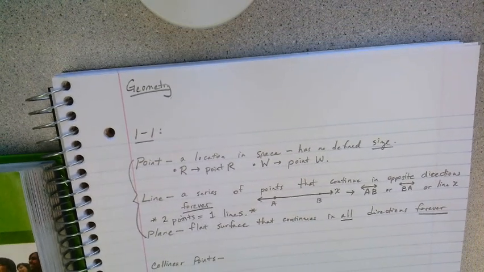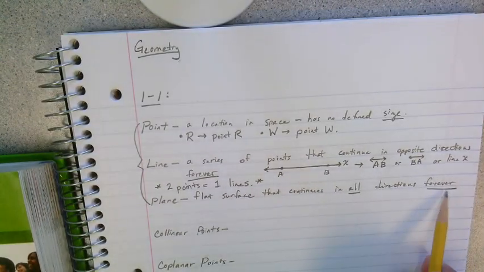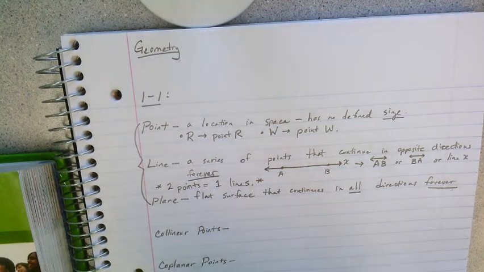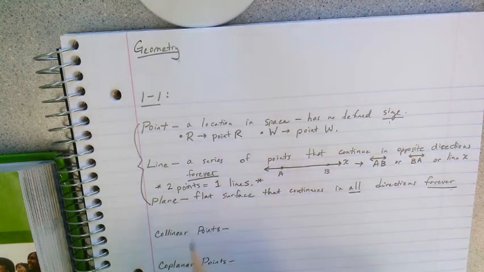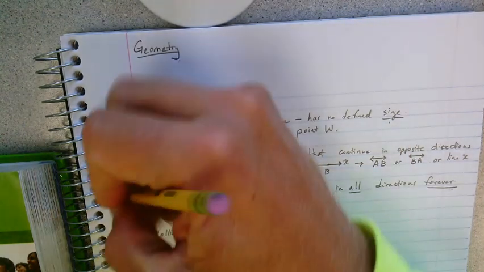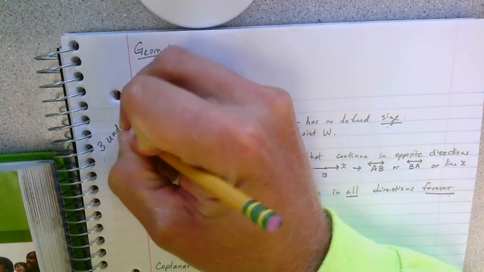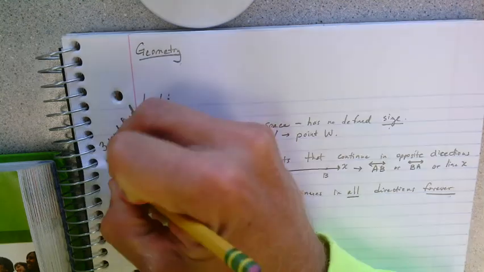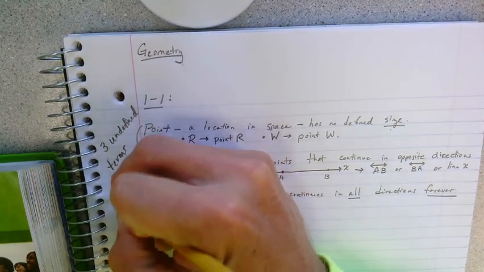Now, because the plane is not measurable because it continues forever, the line is not measurable because it continues in opposite directions forever, the size of this point is not measurable. We call these the three undefined terms of geometry.